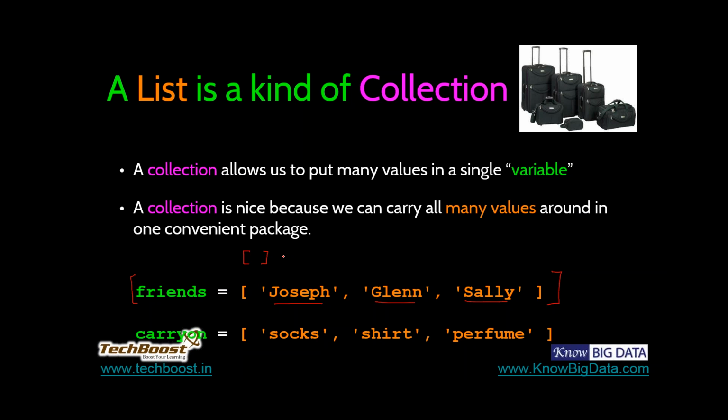All right, but this is not to be confused with square brackets that we used to get an index in a string. So square brackets which are followed by any variable or any string are not to be treated as a list.